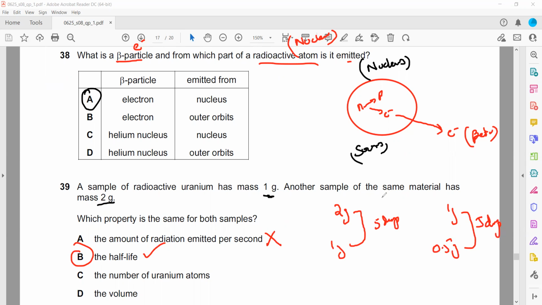So the half-life of a radioactive sample of the same element does not depend on the amount of the sample. So half-life is constant for each radioactive material. The number of uranium atoms will be different, because 2 grams has more mass, so more atoms. And the volume, 2 gram will definitely occupy more space than 1 gram. So B is the right answer.